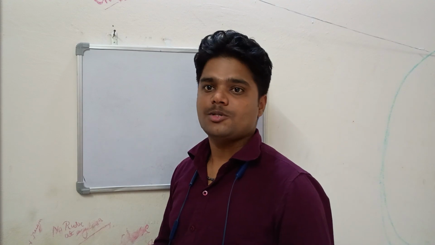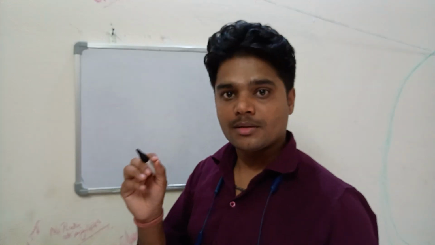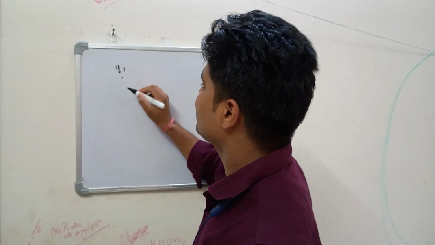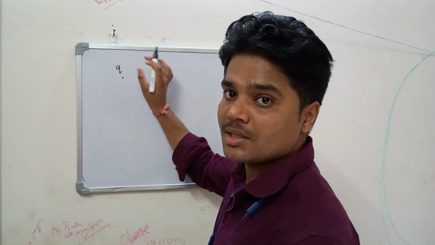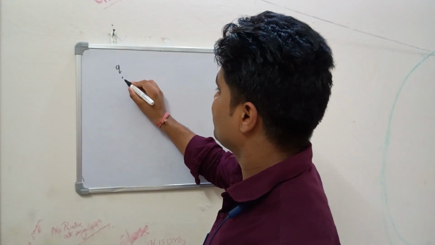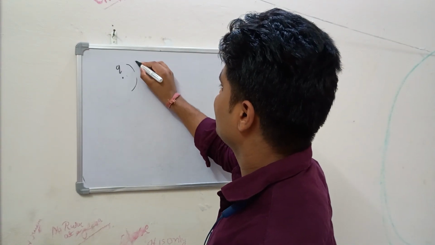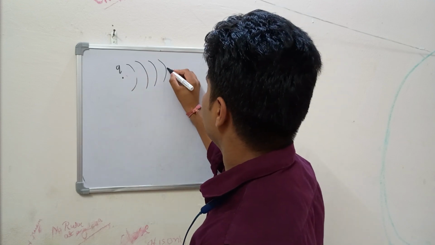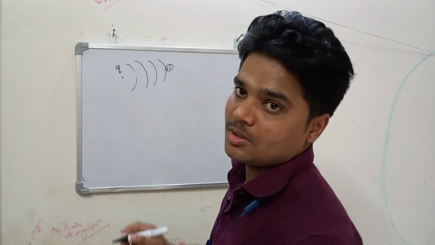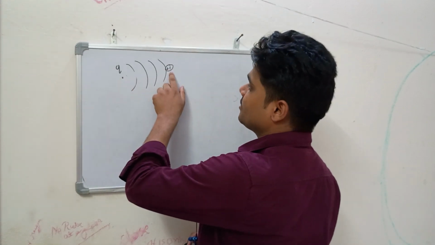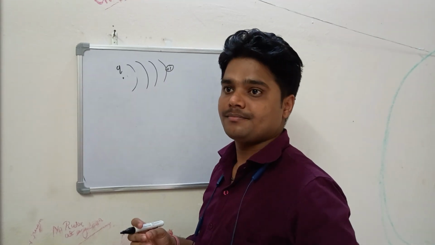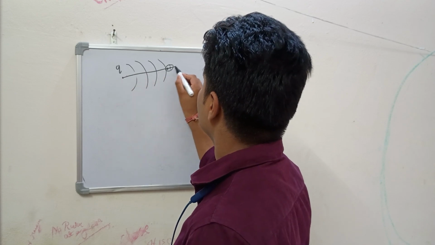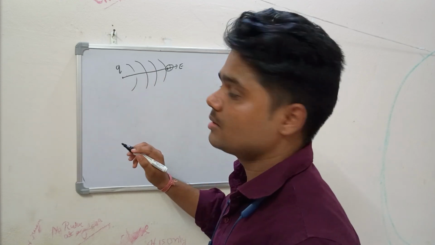Now, along with Coulomb's law, let us discuss a little bit about the electric field. How does the electric field work? Suppose a charge is situated here whose magnitude is Q. It will spread an electric field around it. Suppose a test charge of plus 1 magnitude is placed there, then it will feel an electric field in this direction.